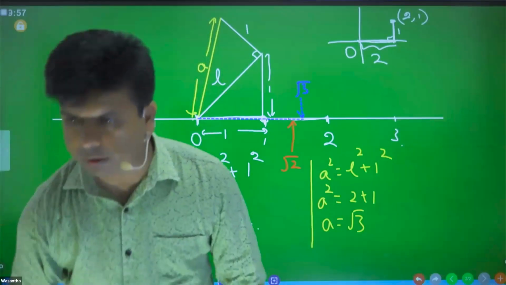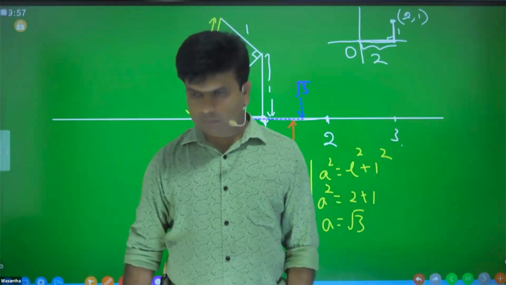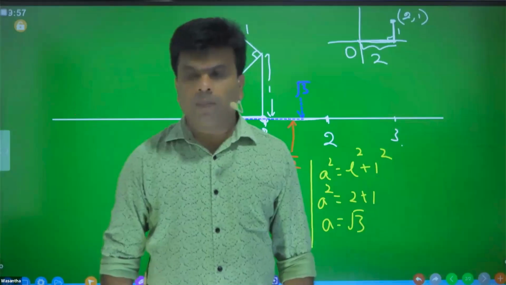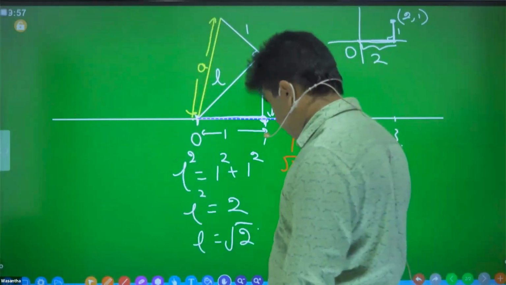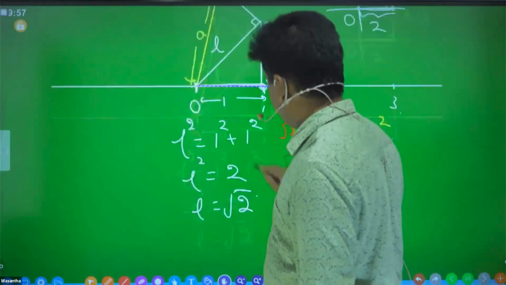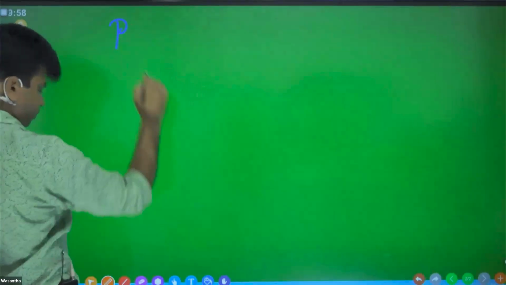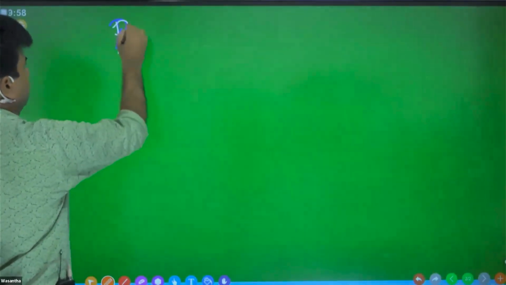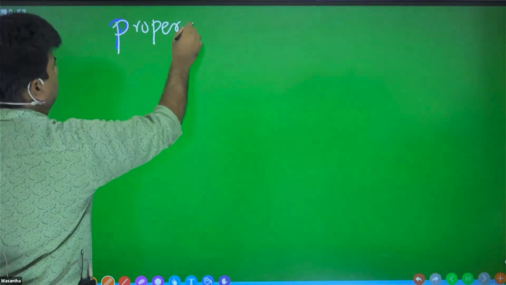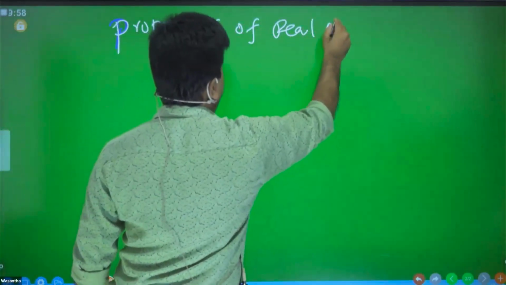Okay, write down properties of real numbers.